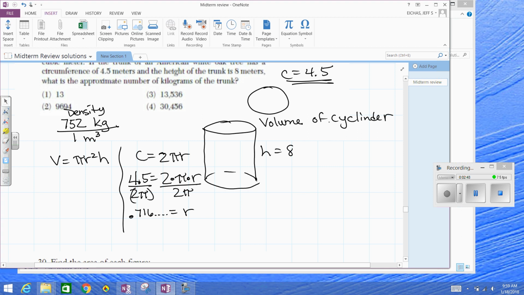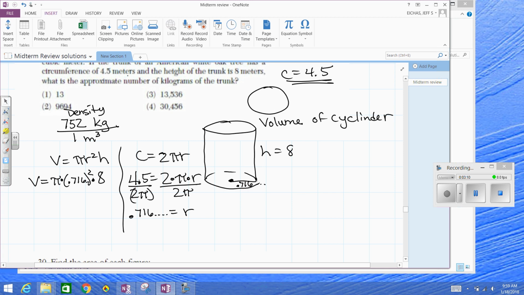Now this radius that I found from the circumference is the radius I use on this cylinder. So let's go back to this formula. Sub in that number of 0.716, whatever else, squared, times the height of 8.